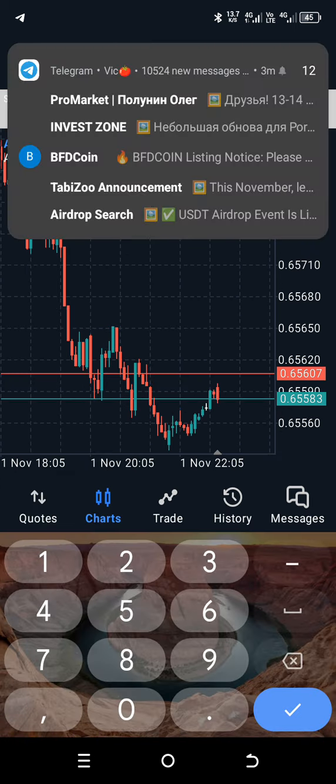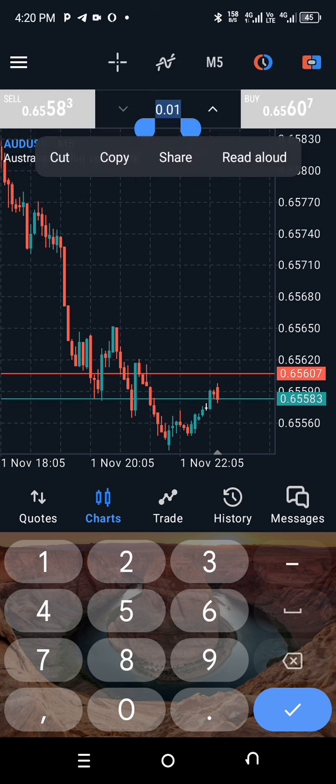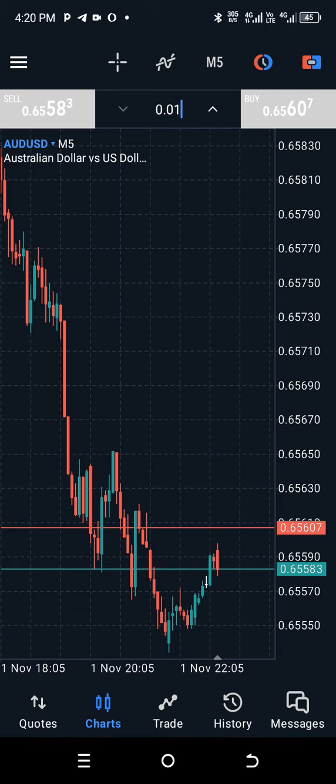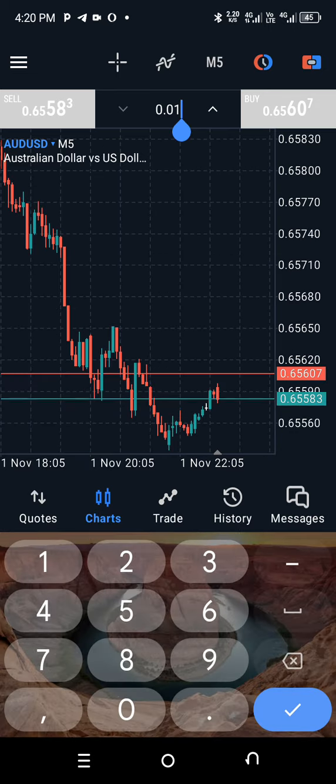Whenever I want to enter a trade, what I have to do is reduce it to the lowest lot size. Let's assume I have an account of $10 and I use $1 to enter a trade. It's possible, but when the market moves a very short distance, your $10 will disappear.